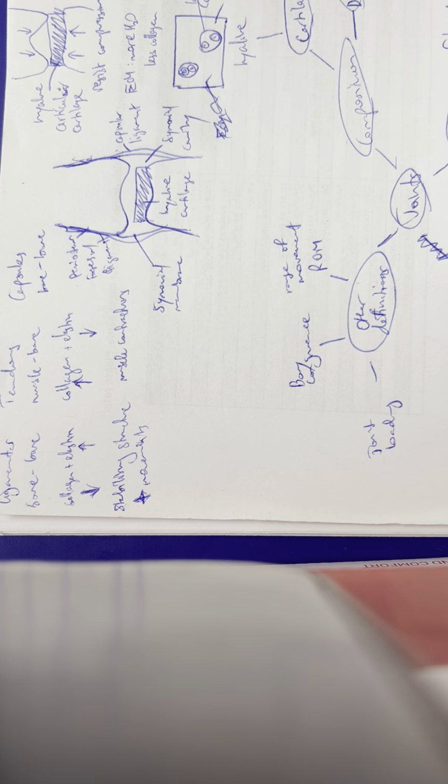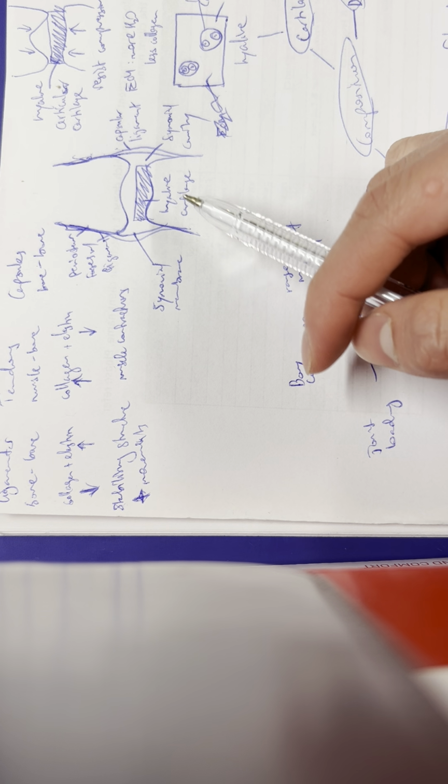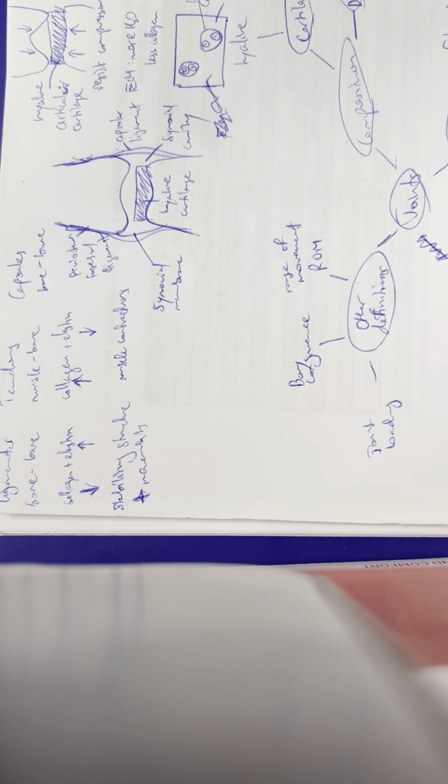And this entire thing is called a capsule, or a joint capsule, or an articular capsule, mainly because you can find the hyaline or articular cartilage inside this capsule, basically here. Now we will move on to types of joints.